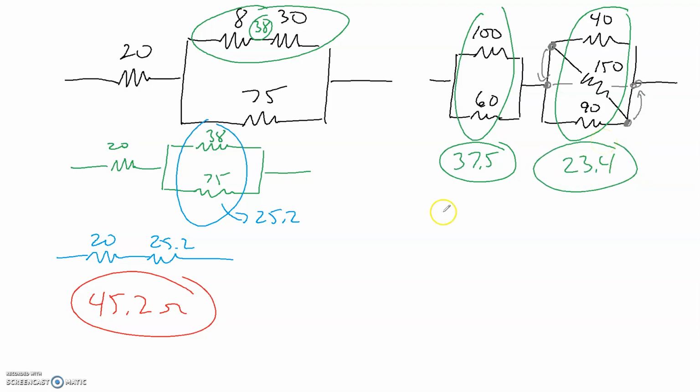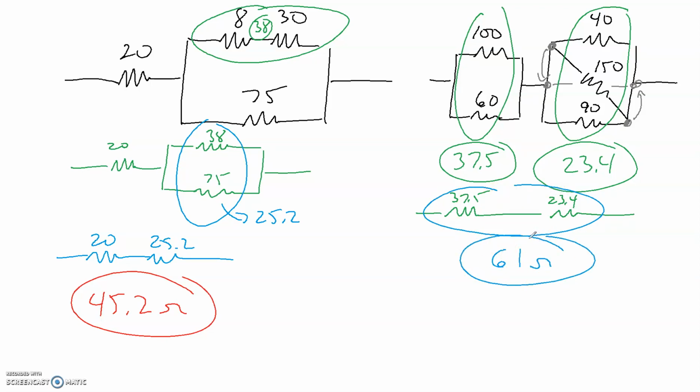All right, so I could redraw this as two resistors, this one being 37.5, this one being 23.4, and of course they're just basically in series with each other, so I just have to add them up. So I've got the 37.5, add that to the 23.4, put the two together, and, well, we'll just round off, these two put together to be around 61 ohms altogether.